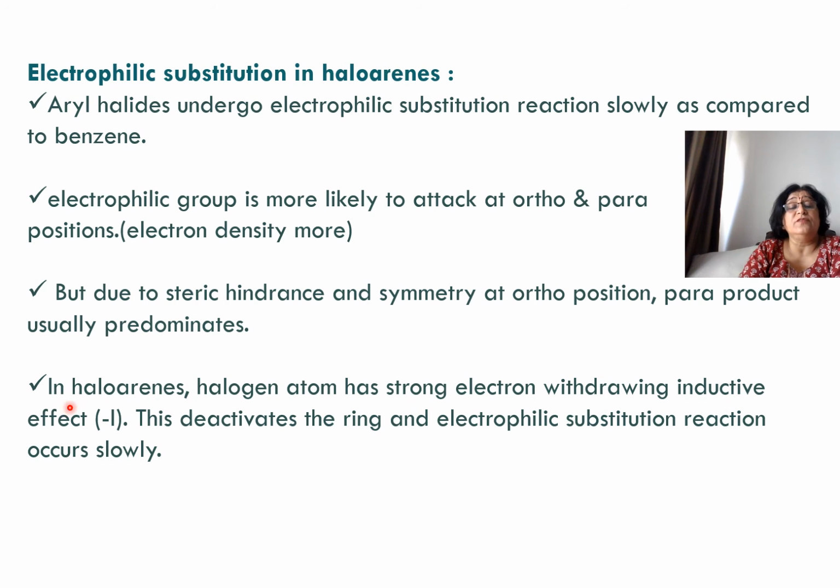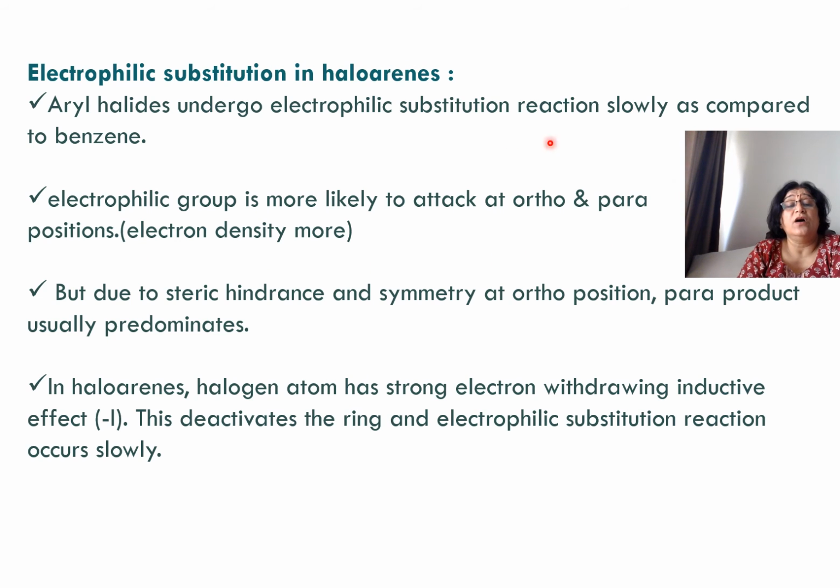Why? Because of the presence of the halo group, the -I effect is there and the ring gets deactivated, the electron density decreases on ortho and para position comparatively, and therefore the substitution reaction is less feasible and it is less reactive towards the electrophilic substitution reaction.